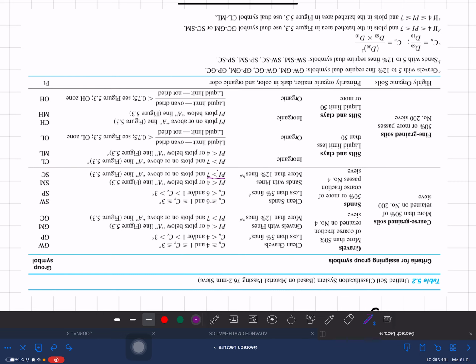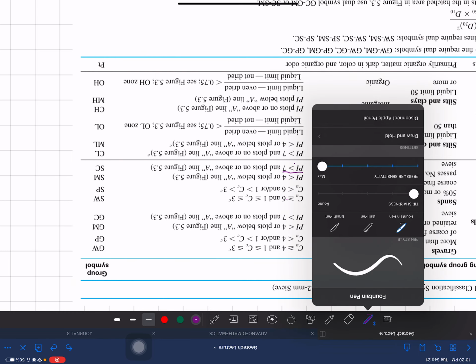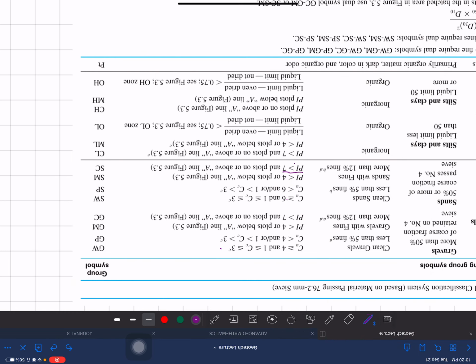That is the next thing you will satisfy. If you satisfy those, the classification of the soil is the symbols here. For example, if you only satisfied this because it is under gravel and you satisfied this, the classification of the soil is GW.